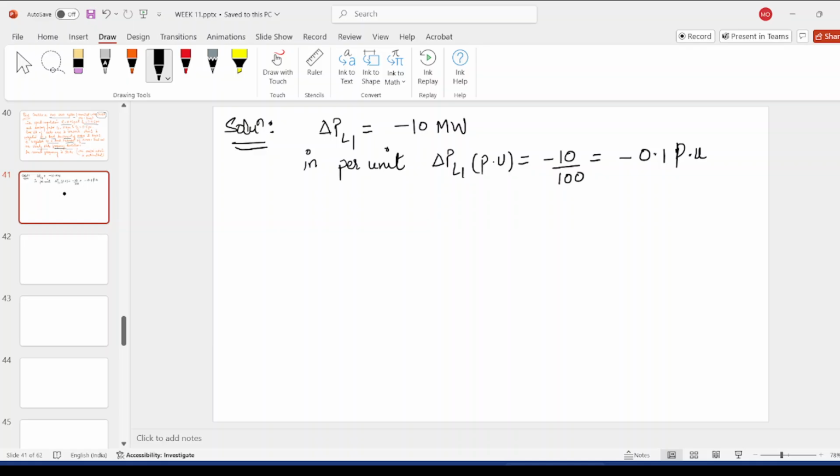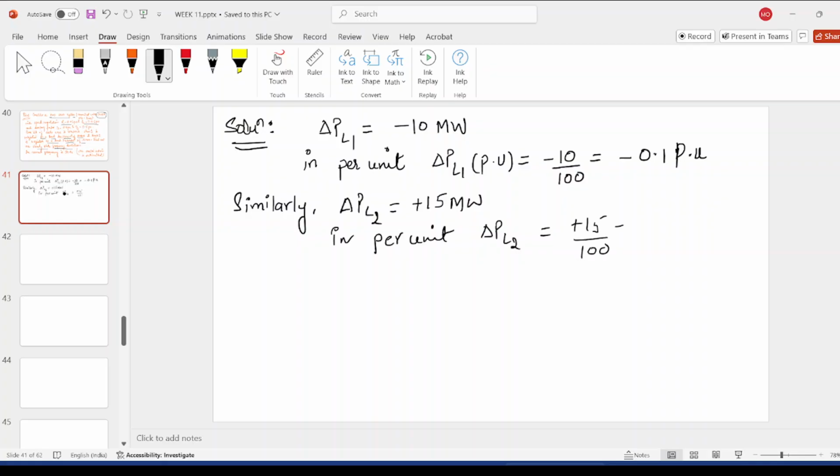Similarly, del PL2: in the second area there is an increment of the load, so it will be plus 15 megawatt. In per unit, del PL2 is equal to plus 15 divided by 100, it comes to be 0.15 per unit.